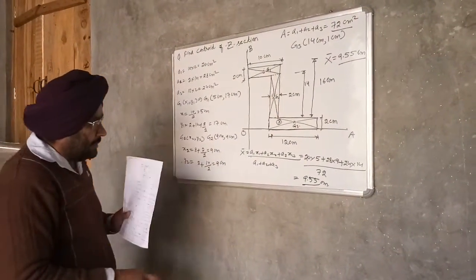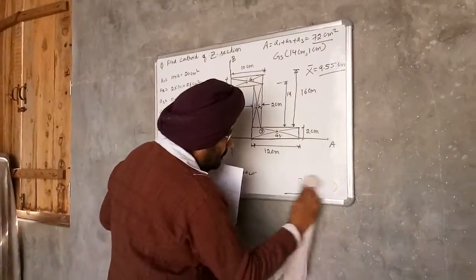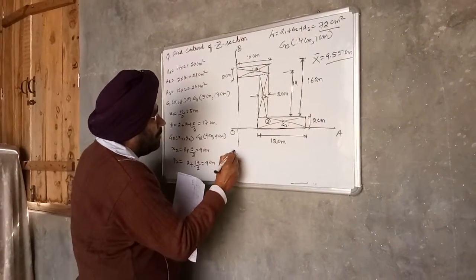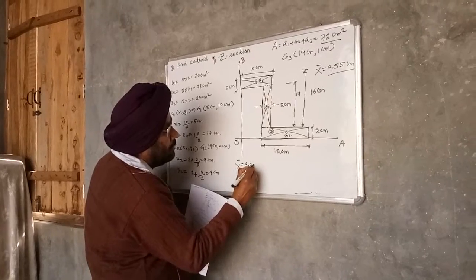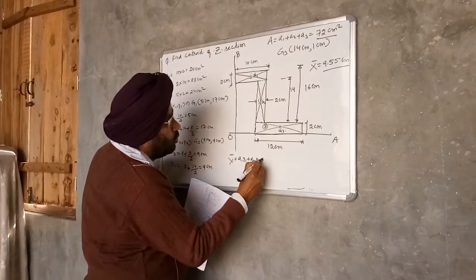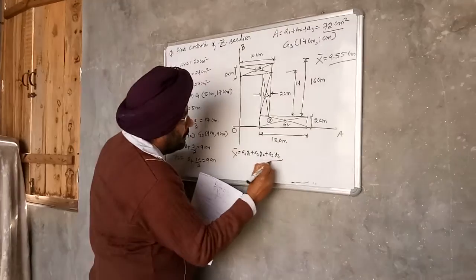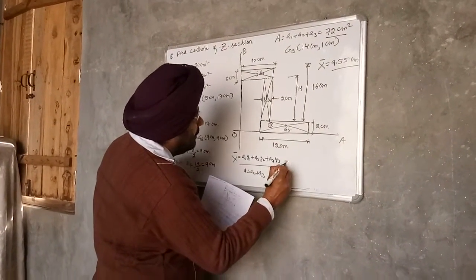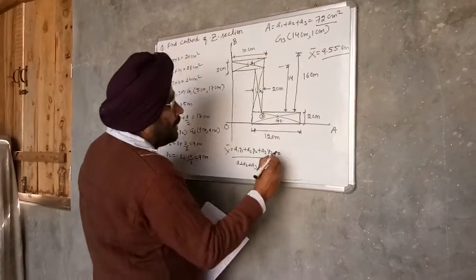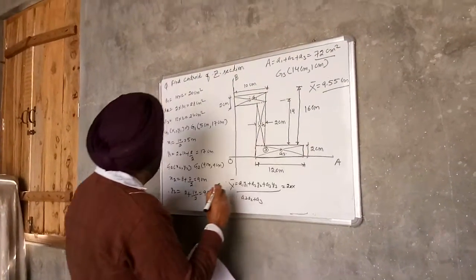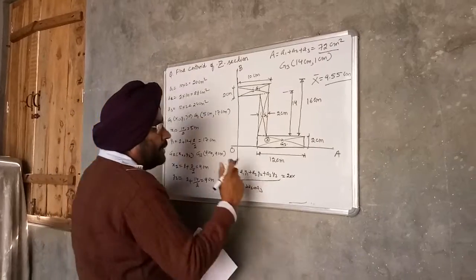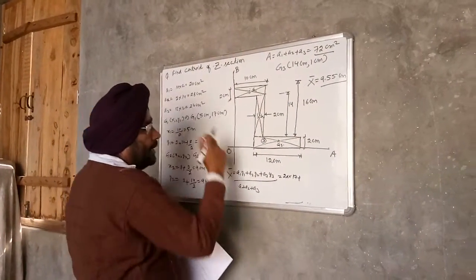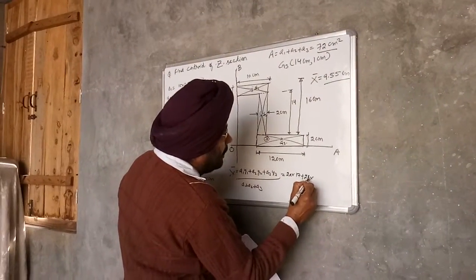So y bar is a1 y1 plus a2 y2 plus a3 y3 upon a1 plus a2 plus a3. So a1 is 20 into y1, y1 is 17, plus a2 is 28 into y2.